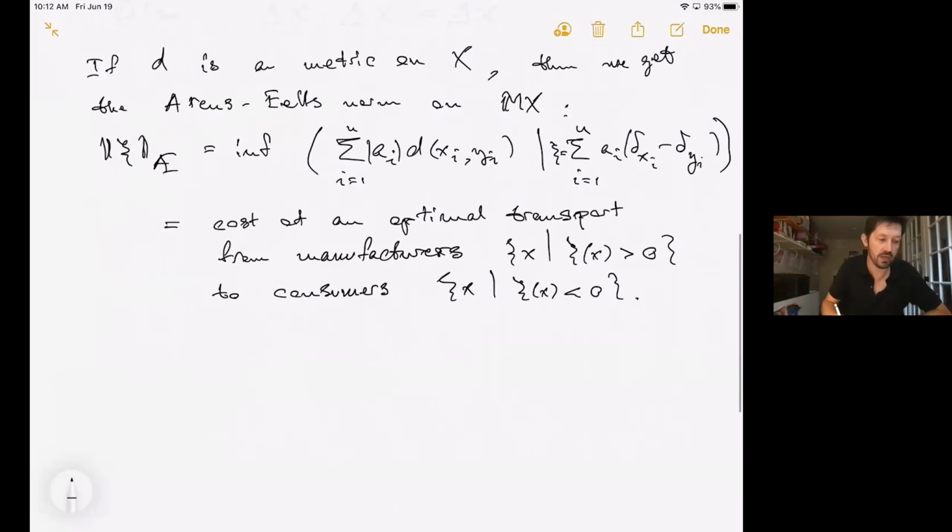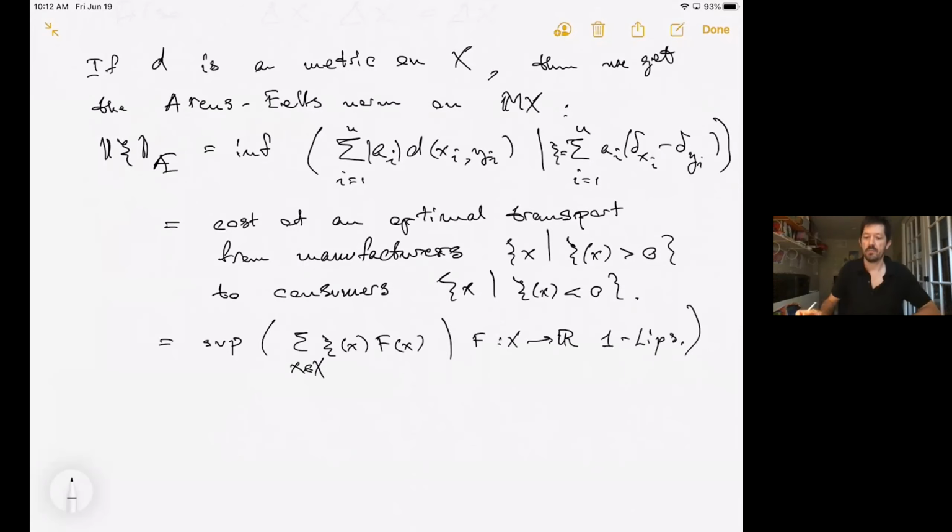Okay. But another way of computing this is by taking the supremum over the expressions here, where f going from X to R is 1-Lipschitz.